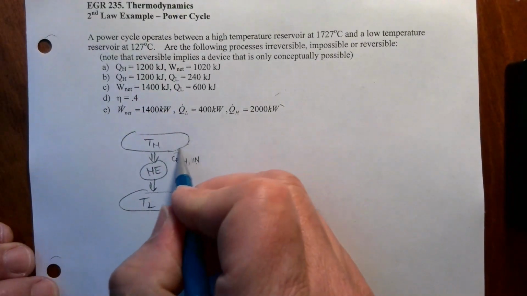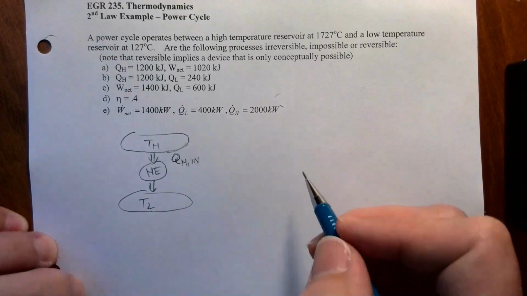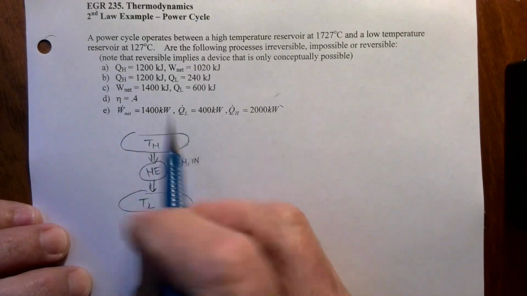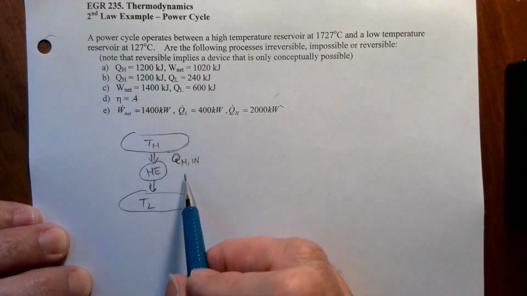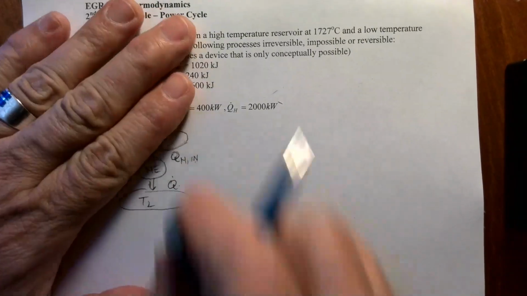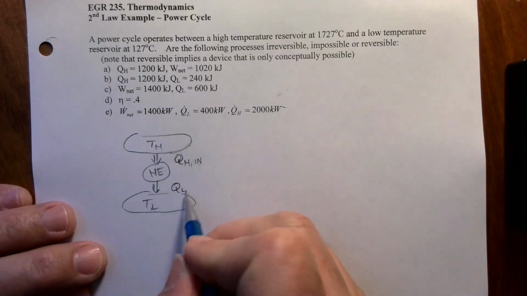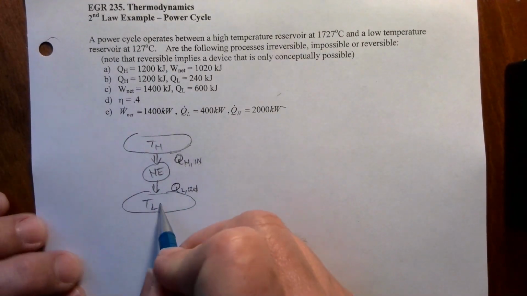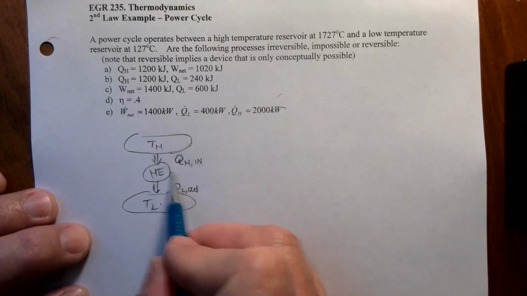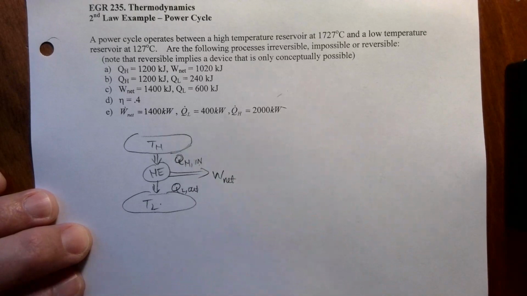Either consider analysis with all heat transfer rates or not, so let's just not mix them. Since they're giving us Q's up above, I'm going to call it Q here. Q L out is discharging here. And the difference between those is the W net that we're able to produce.